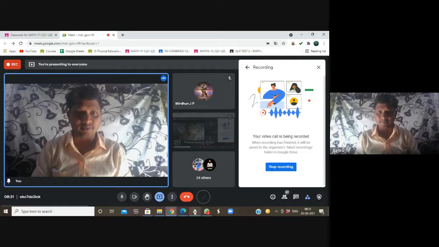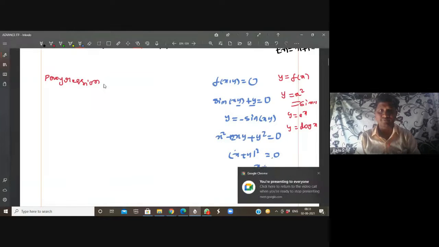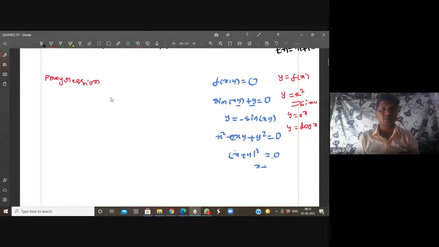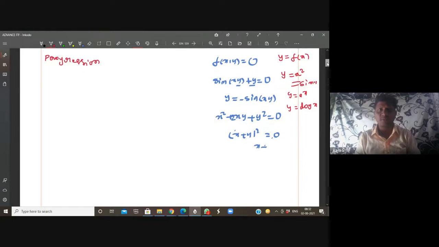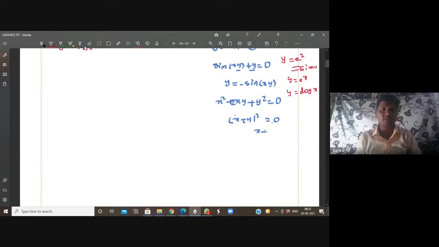Okay, students. Progression, as I told you, means we cannot write the terms in a particular certain pattern. That only you have to remember. Now, arithmetic progression: what is the nth term formula?